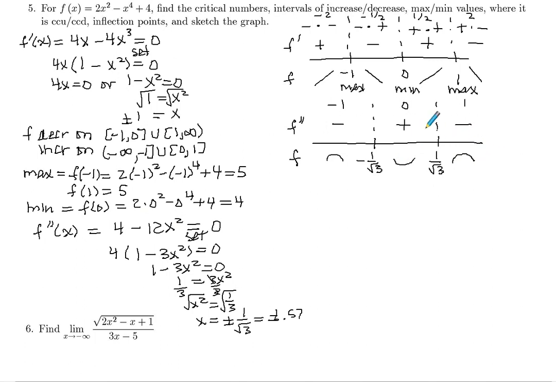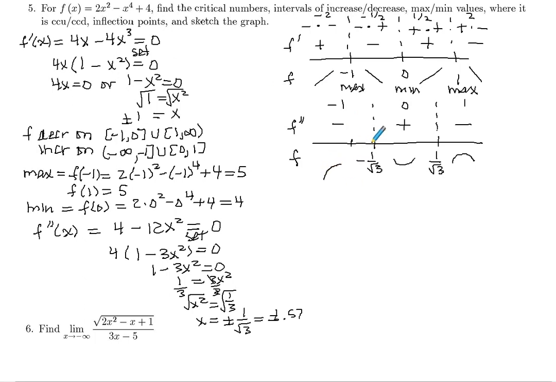And let's put these together with the increase decrease that's up above. So here we're concave down on that whole interval. But if we bring the negative 1 down here, we are concave down but increasing to the left of negative 1. So that's going to look like this. So increasing concave down there.